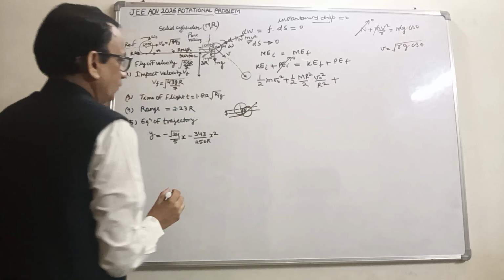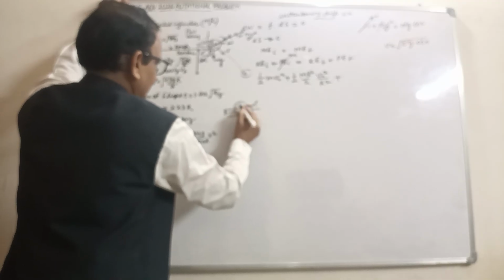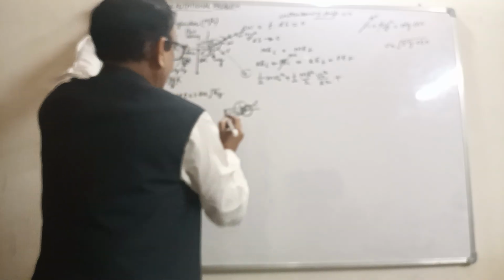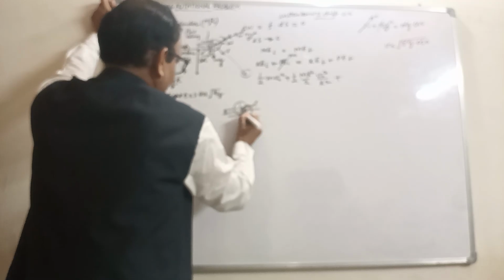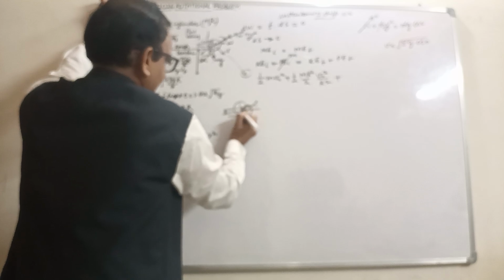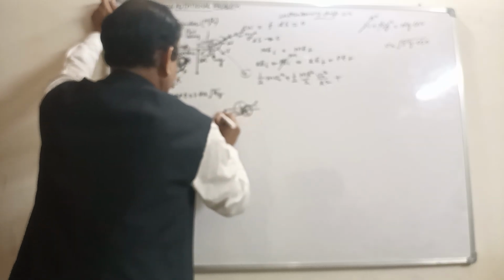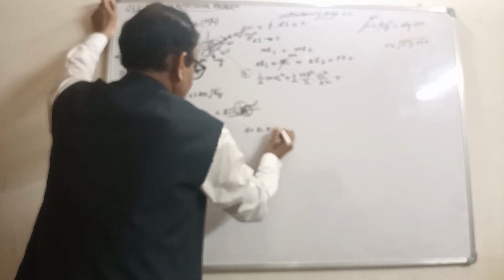This is a radius r, and this becomes r minus r cos theta. This is also r, this angle is theta, so this becomes r cos theta. Suppose this height is d, so d should be r minus r cos theta.